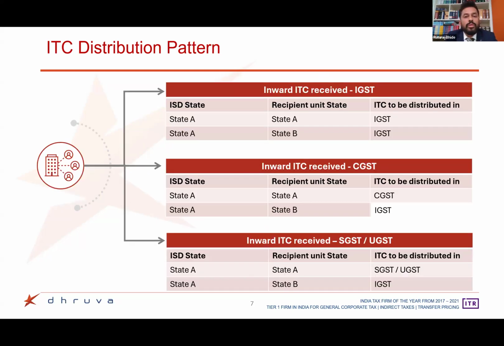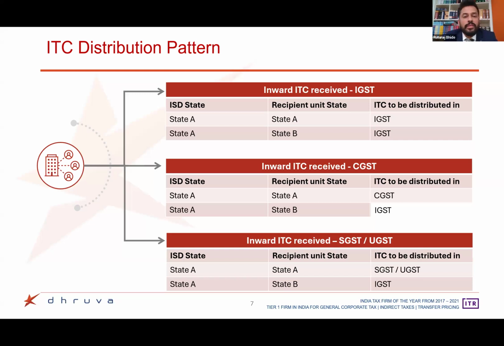Now, coming to the different components of GST, how those are to be distributed. As an ISD, I can receive invoices from suppliers within the same state who will charge CGST and SGST on that invoice. Or I may also receive invoices from an interstate party with IGST. Now, how do I transfer the IGST credit or CGST, SGST credit?